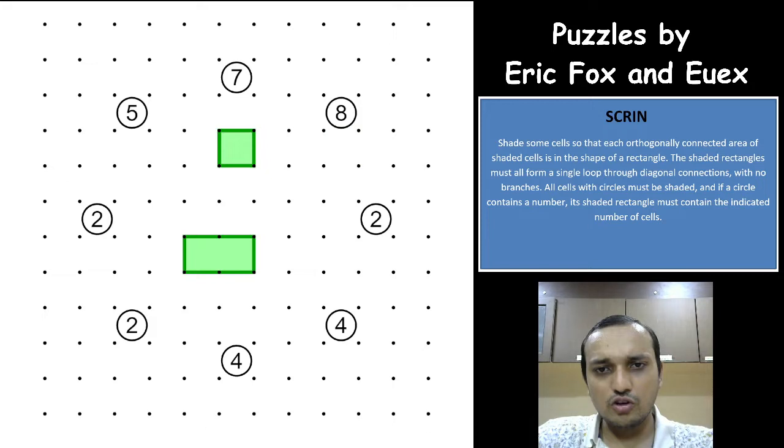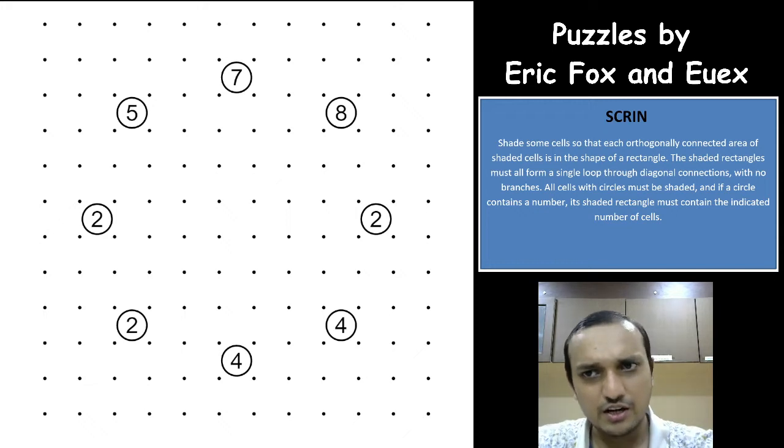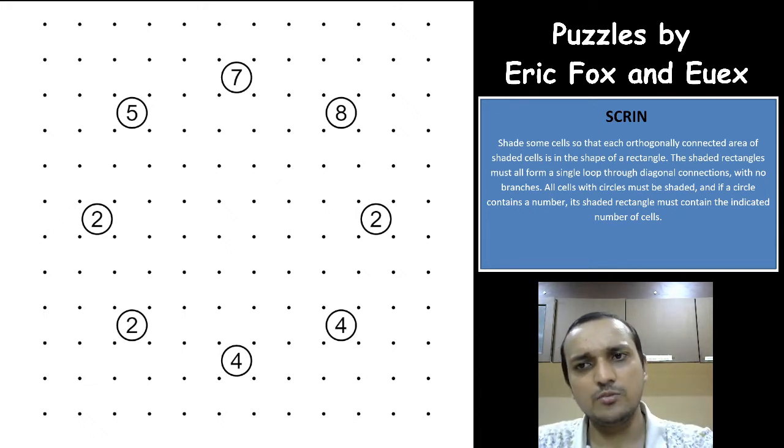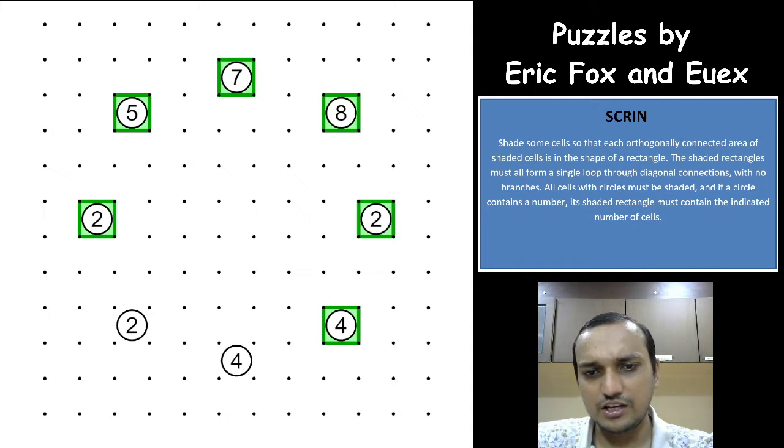You cannot have a branch in the rectangles. A cell with a circle must be shaded, and if a circle contains a number, its shaded rectangle must contain the indicated number of cells. So for example, if it is a 4, it should have 4 cells shaded.